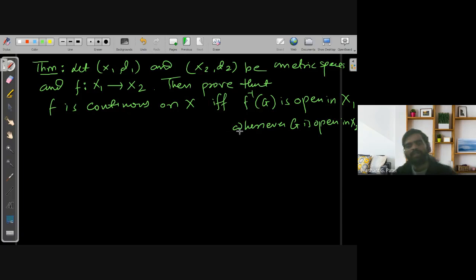So ultimately it says that the inverse image of an open set is open. If f is continuous on X, then the inverse image of an open set is open.